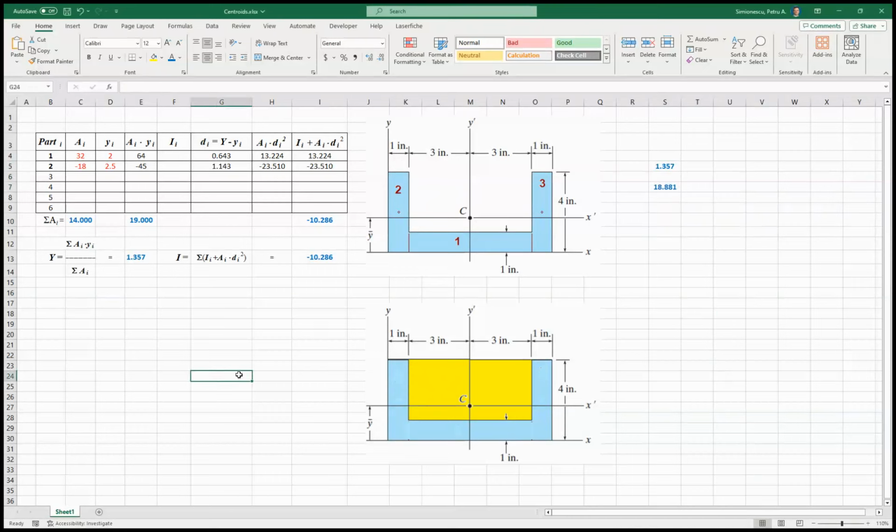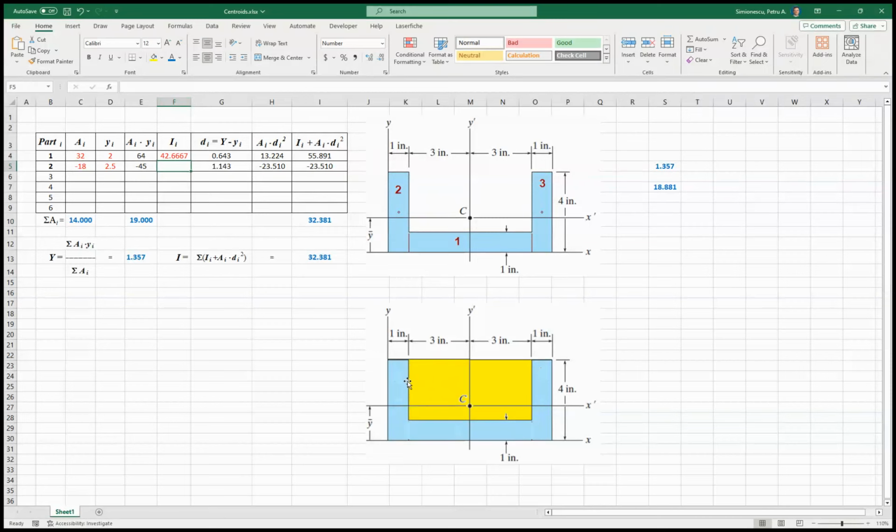All right, let's look at area moment of inertia. We have two rectangles. One is the full, 3 plus 3 plus 2, that's 8, so it equals 1 over 12 times the width, again 1 plus 3 plus 3 plus 1, that's 8, times the height 4 to the power 3.